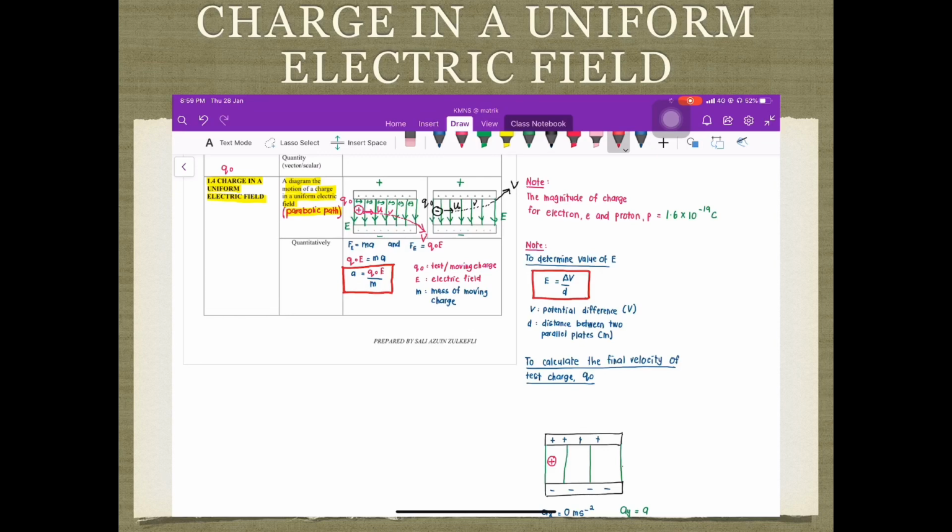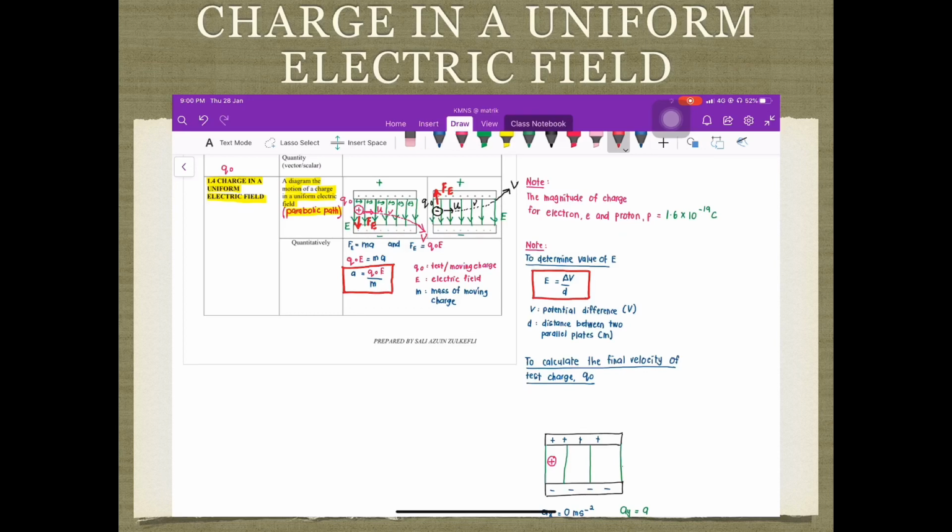A positive charge will be attracted toward the negative plate, meaning the electric force should be downwards. Am I right? For the negative Q0 here, a negative charge is normally attracted towards the positive plate. So that's why the electric force is upwards.